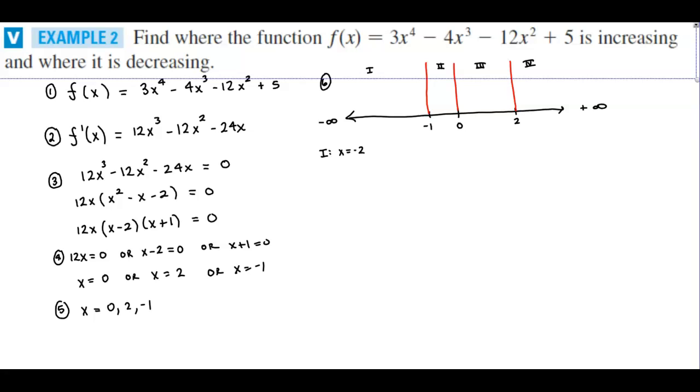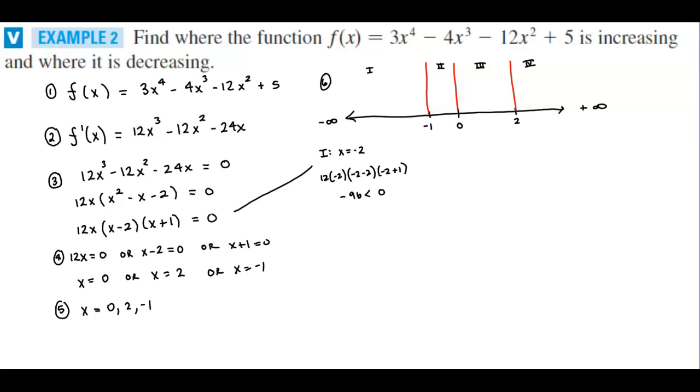If we plug that into our derivative function, we have 12 times negative 2 times negative 2 minus 2 times negative 2 plus 1. That gives us negative 96, which is less than 0. So that means it's negative in region number 1.